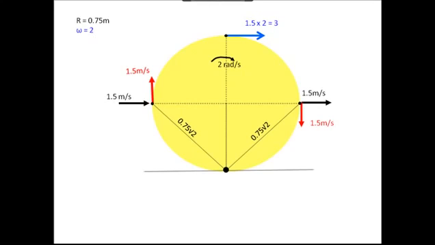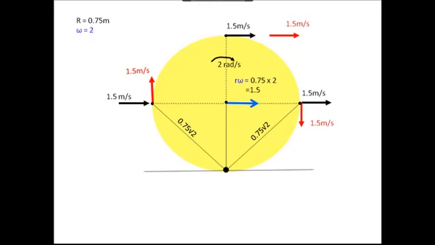So as you can see, if you know the instantaneous center, then all you have to do is join the instantaneous center with the point of interest and you get your velocity. So the crux of the matter is, if in a given problem you are able to find the instantaneous center, then we can move further.